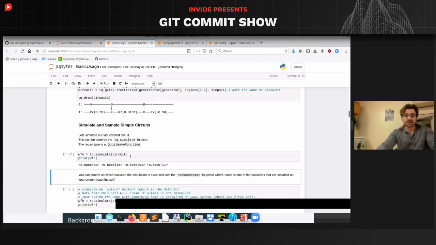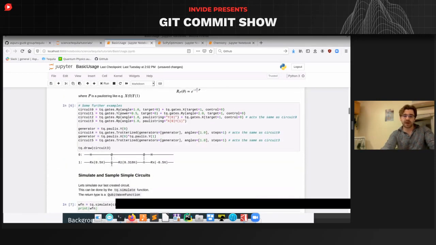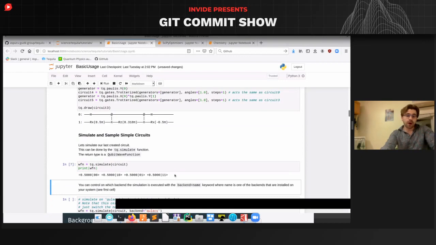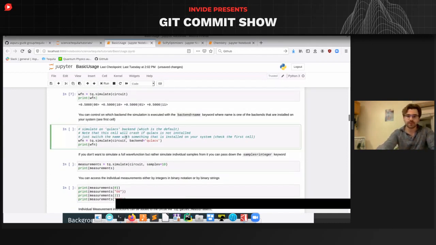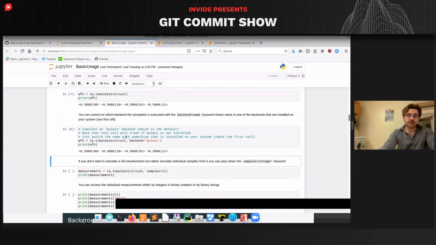We can do easy simulation. So this somewhat complicated circuit acting on an all-zero state leads to one of the 4 magic basis states. This is the uniform superposition over all states. Who'd have thunk? We can simulate it with other backends.